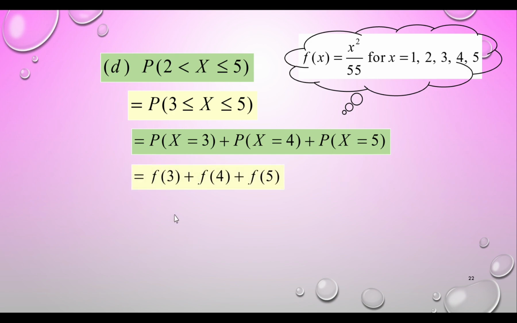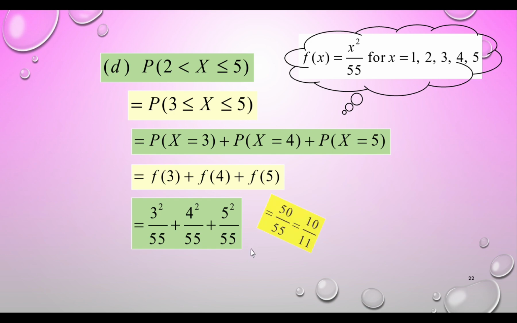So, we just substitute x equal 3, x equal 4, and x equal 5 into the given formula. So, we get 3 squared over 55 plus 4 squared over 55 plus 5 squared over 55, and the answer is 10 over 11.